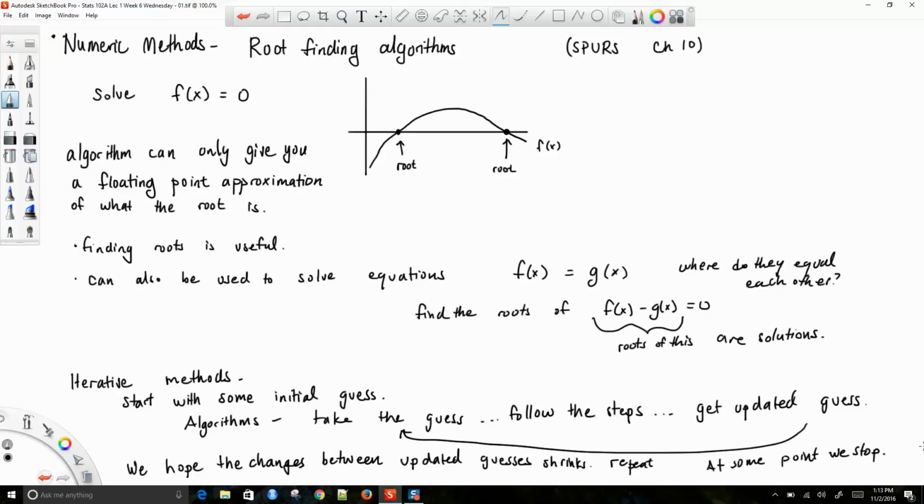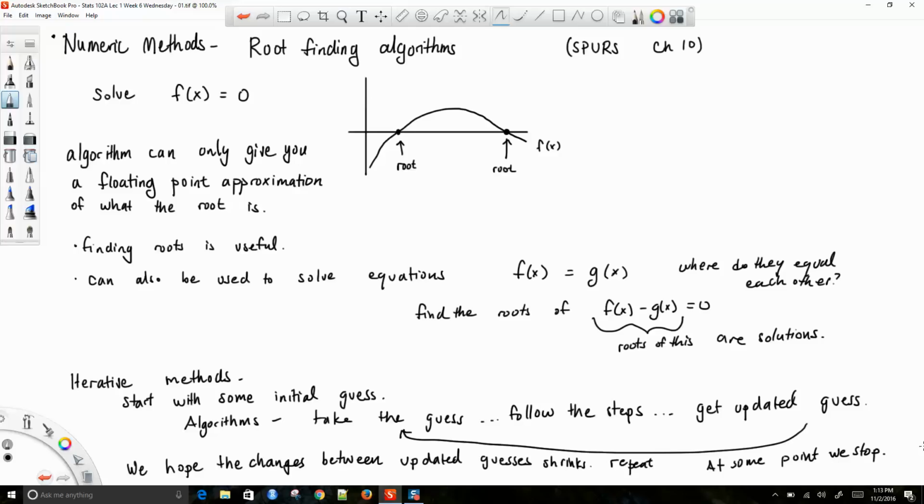You just throw it in the quadratic equation and you get your answer and you'll be happy, right? We know from algebra that's going to give us the right thing. But other times you've got these complicated things and you've got to find out where this thing is equal to 0. This is where we use numeric methods, okay?